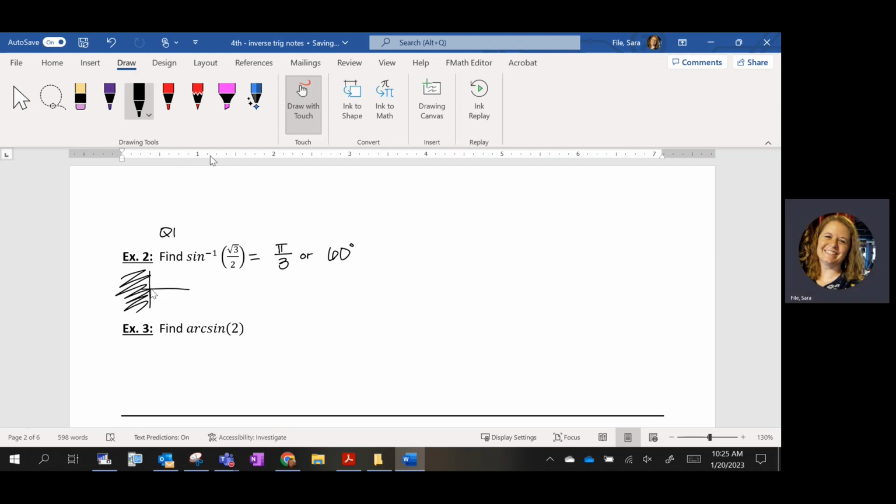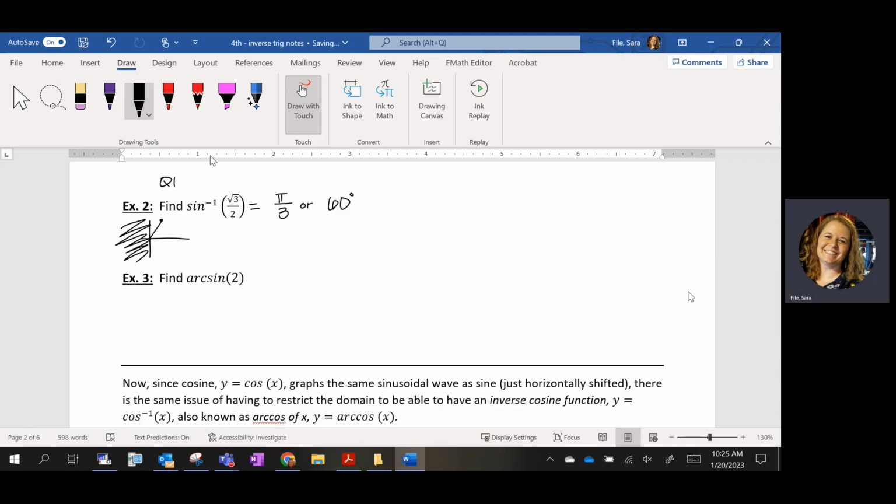Okay, it's the angle up here. All right, what about arc sine of 2? So at what angle is sine's value 2? Any ideas? Thoughts?